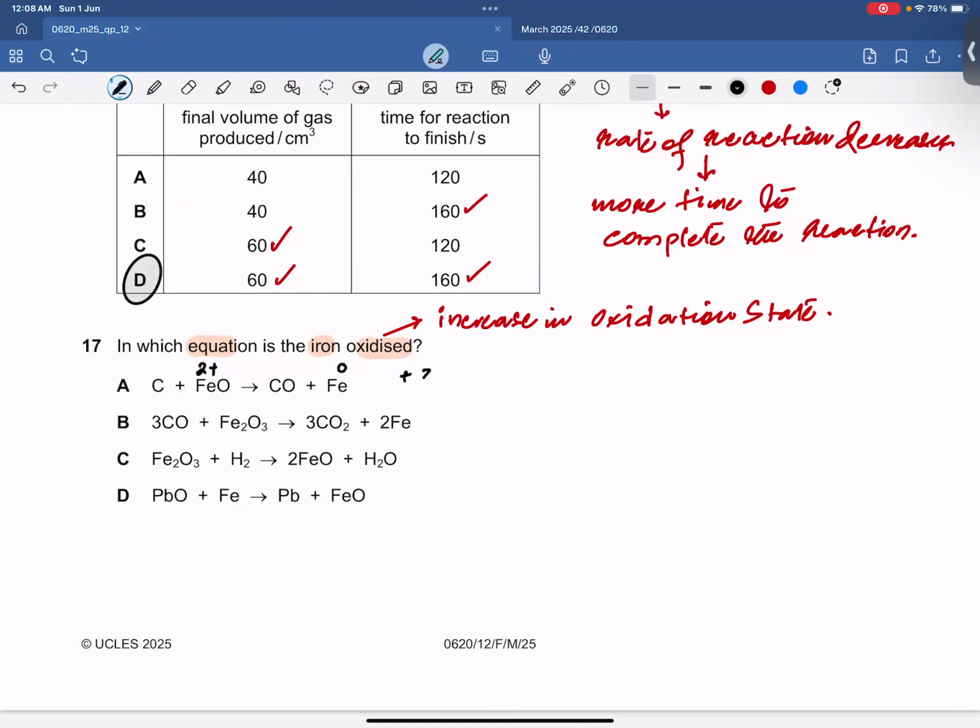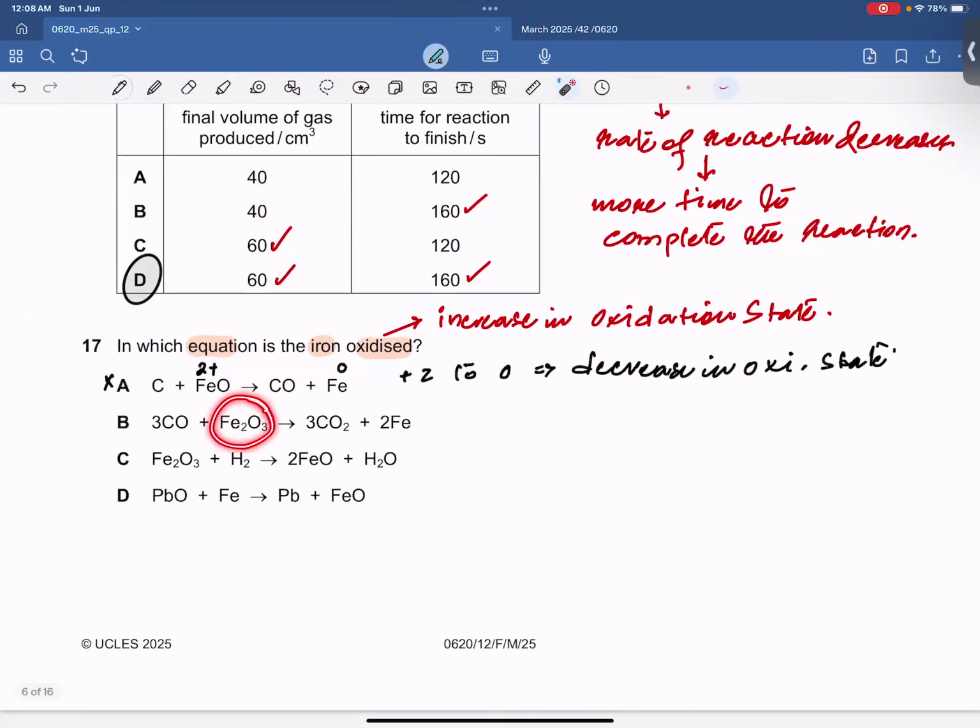So it is +2 to 0. +2 to 0 means decrease in oxidation state, and decrease in oxidation state is basically reduction. An examiner is looking for the oxidation, which is why A is incorrect.